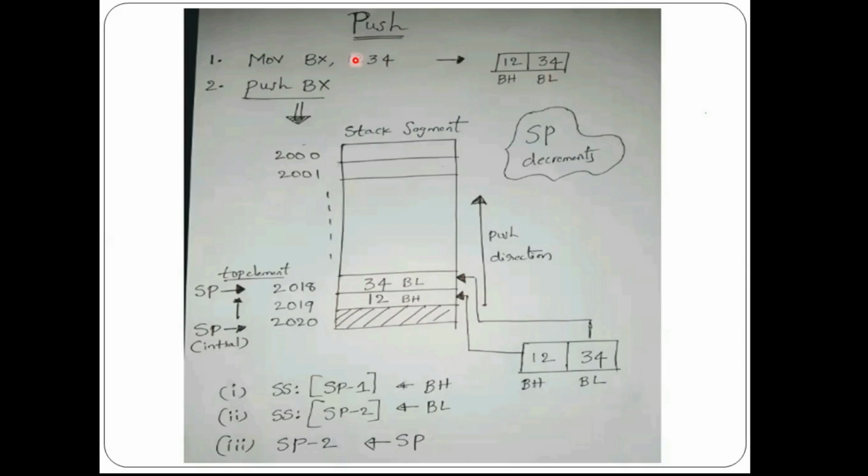The higher byte, that means 12, is stored in BH. So 1234 is available in register BX now. And then I wanted to push this value 1234 into the stack. For some reason in my program, I wanted to store this BX value inside the stack. For that reason, I have written PUSH BX.